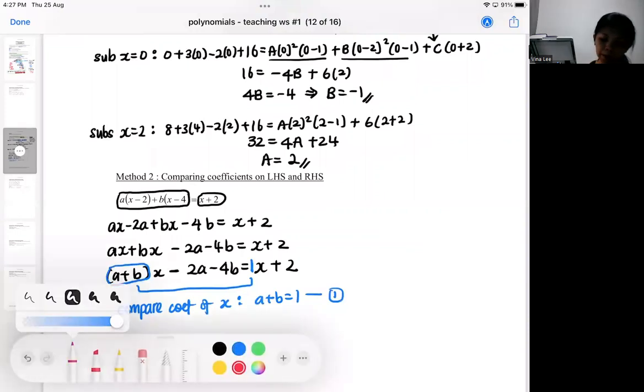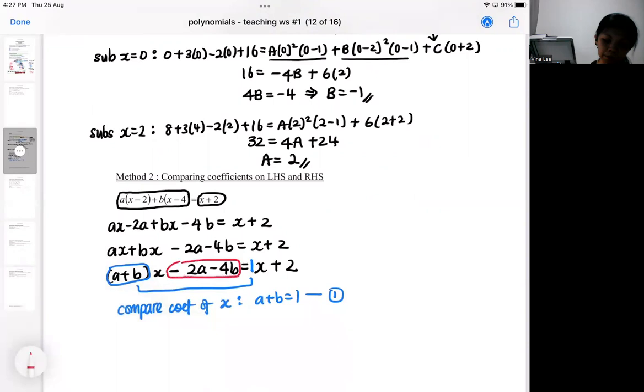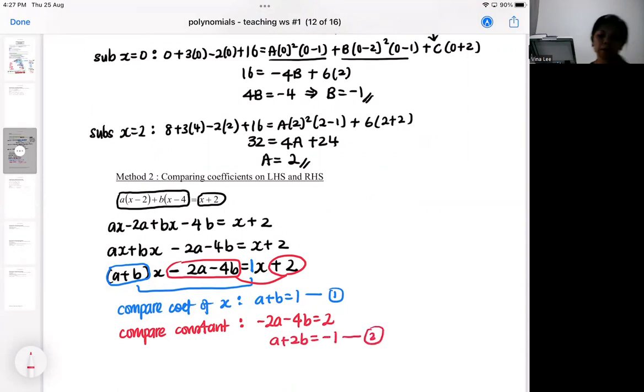And if I compare the constant, I will get another equation, which of course I can reduce, and it becomes my second equation. From here, you just do something like Sec 2 simultaneous equations, and you'll be able to find the unknowns.